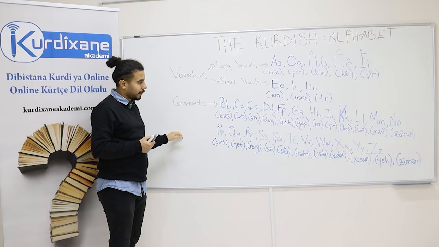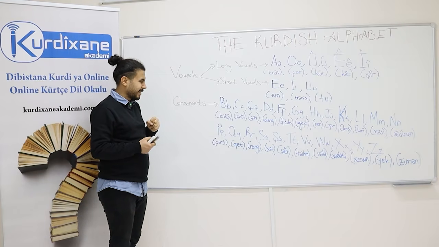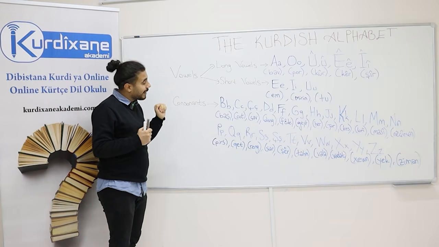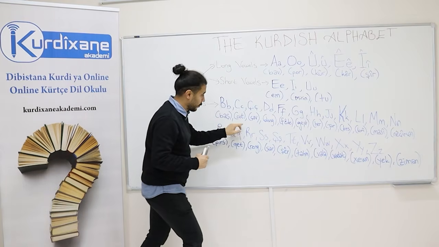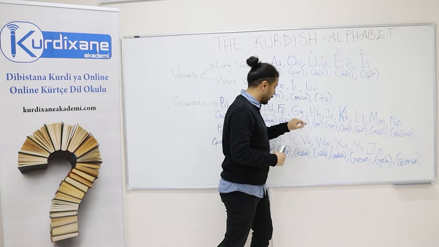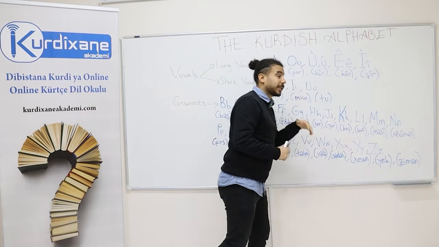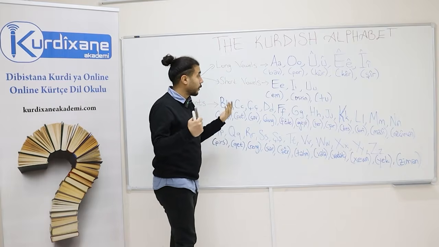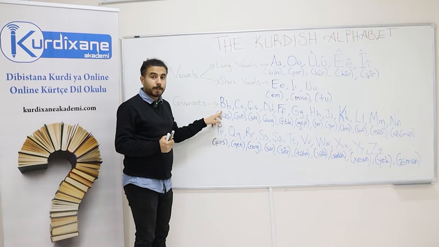So let's repeat them one by one, and by looking at our examples, you can get your head around it better. And I want you to also pay attention to the vowels I included here, so that you can remember which ones were long vowels, which ones were short vowels.